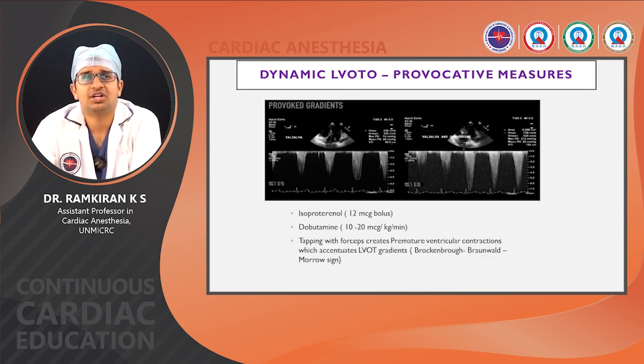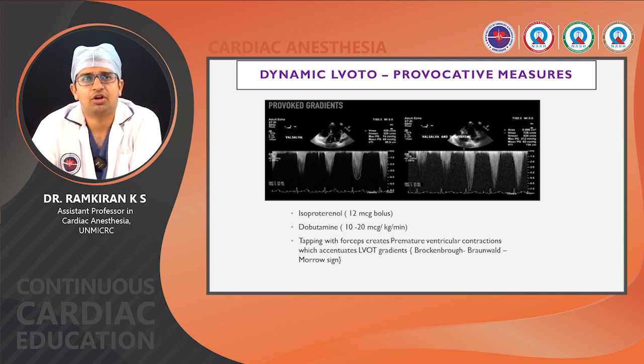So as we told, because of the intraoperative general anesthesia and positive pressure ventilation and various volume shifts in the intraoperative period, sometimes the dynamic LVOTO will be hidden. So we need to go through provocative measures so as to properly evaluate the LVOTO.